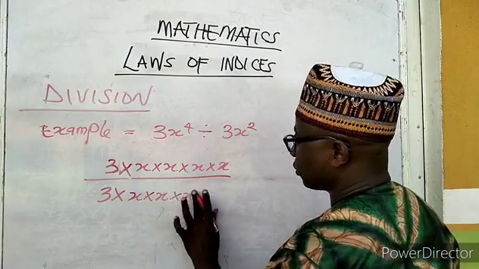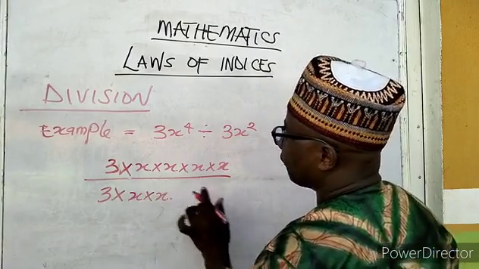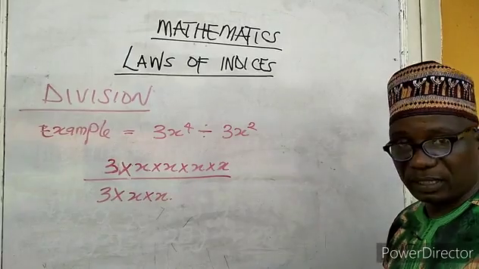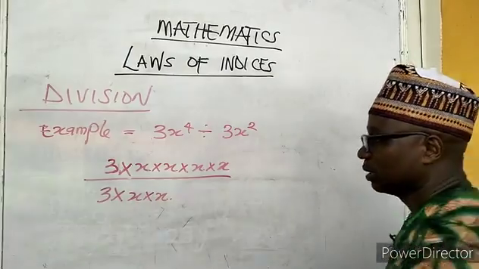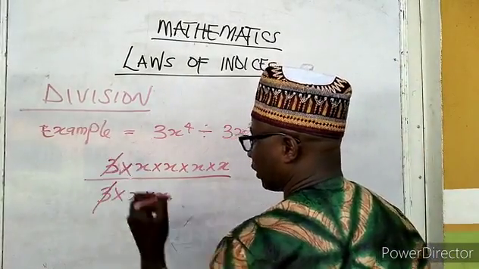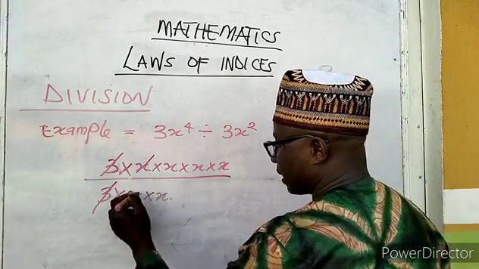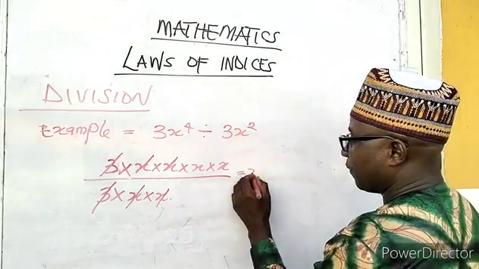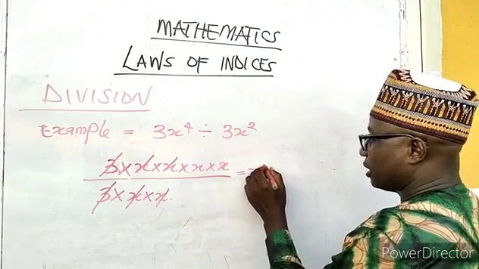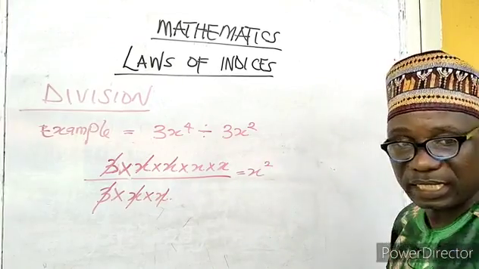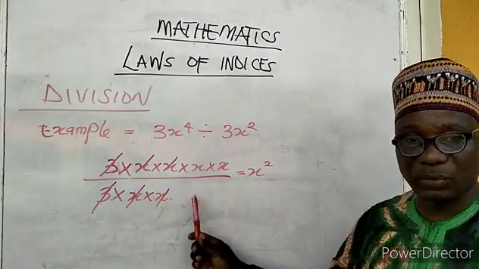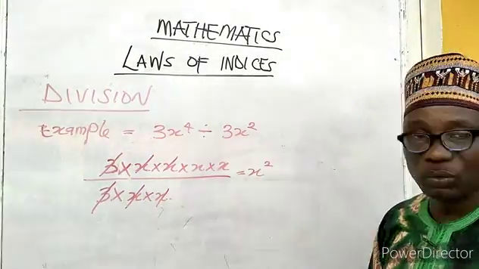We have 2. Now, the usual way of dividing numbers. So we have 3 cancel 3. X cancel x. X cancel x. What do we now have? We have x lọ́nà méjì, that is x squared. Is that understood?